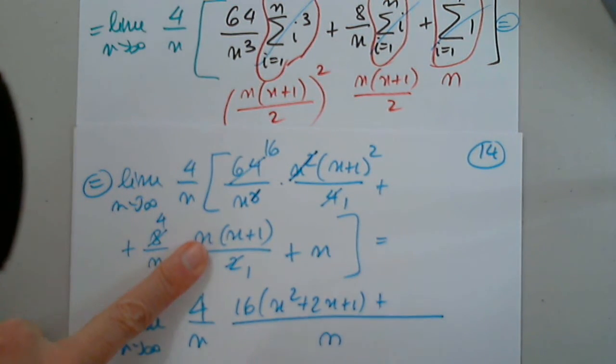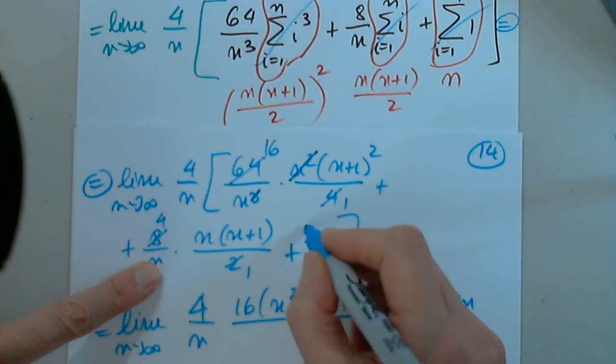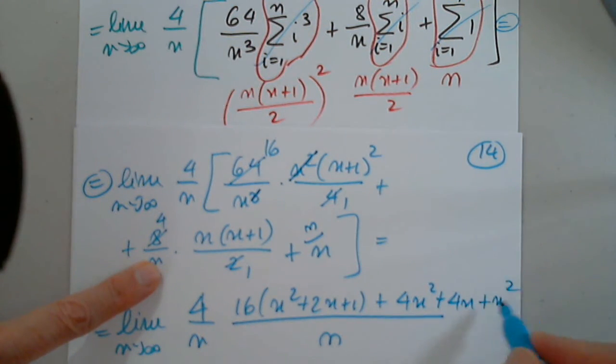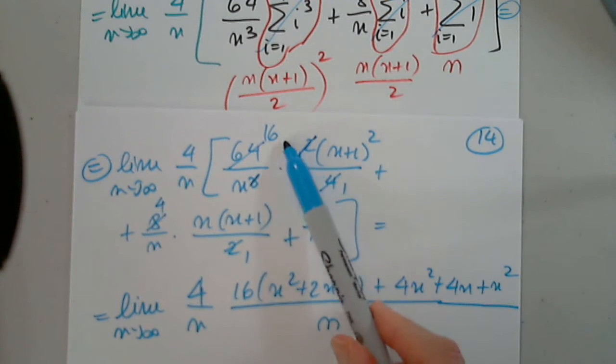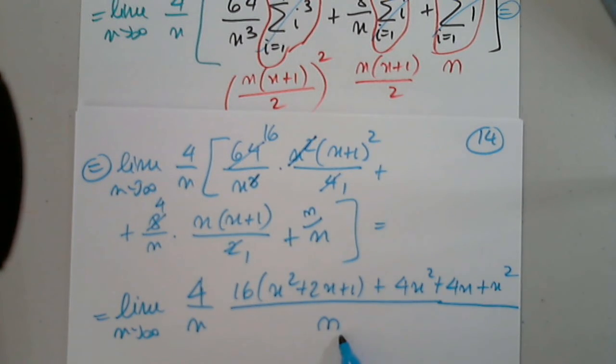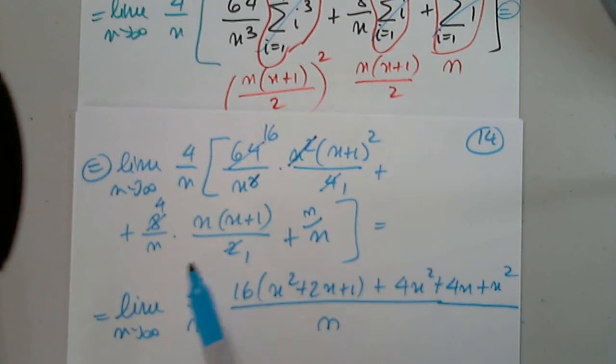Do not simplify the n, right? Because you need an n in the denominator. So 4 times n squared plus 4n, and this has to be multiplied by n because it does not have a denominator. So the denominator here is n, 16 times n squared plus 2n plus 1, plus the denominator here is n, 4 times n squared plus 4n, and plus n times n, which is n squared.